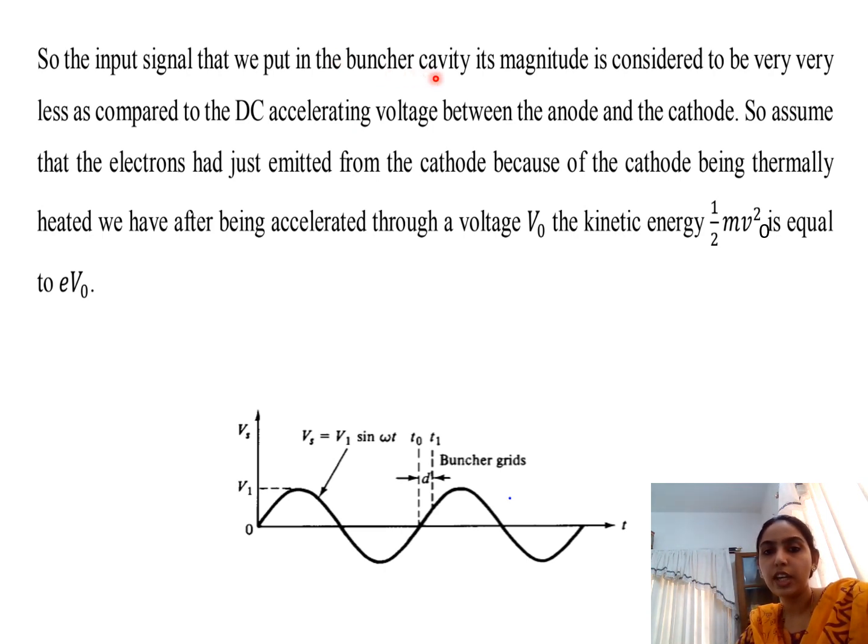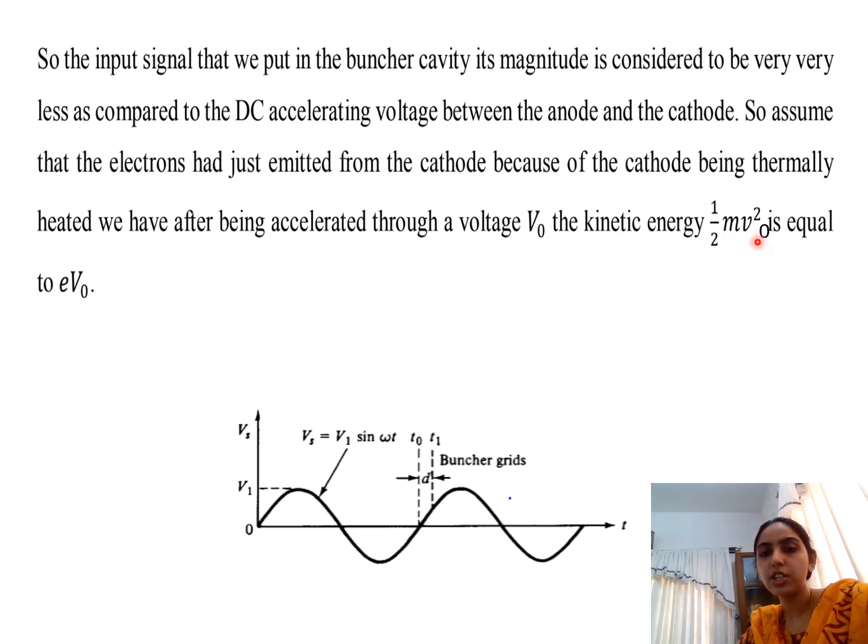So we assume that the electrons emitted from the cathode, because the cathode is thermally heated, arrive at a uniform velocity, as already explained in the buncher cavity. Now we assume that the potential energy because of the DC voltage is eV0 for the electron, and the kinetic energy acquired by the electron is half m v0 square.